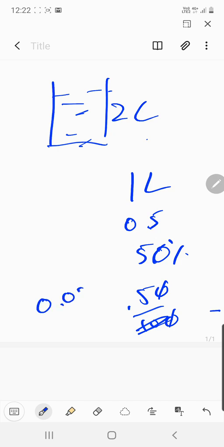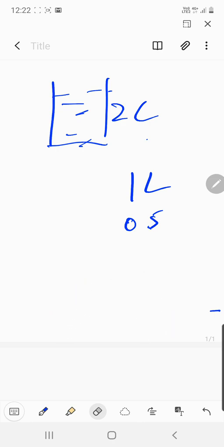Keep in mind 0.05 is 5%. So 0.5 is 50%, 0.5 times 1. 0.5 times 1. That's the amount of tea there.